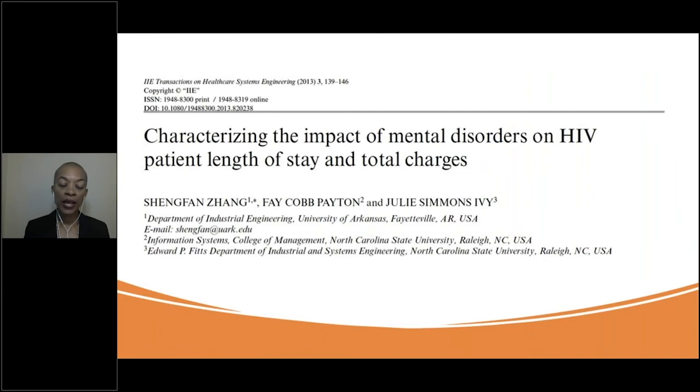We then took a look at a second set. Based on the diabetes study, we were interested in the same sort of topology there, looking at the impact of mental disorders on HIV.